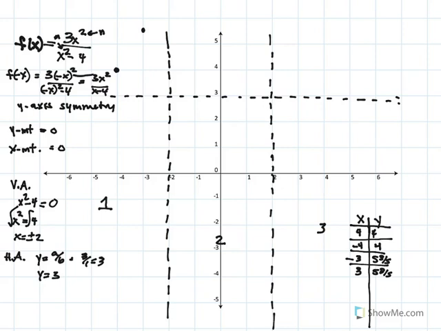Alright, so our graph is going to kind of go like this. It's going to mirror on that side. And then here we have some points. Negative 1 and 1 come out as negative 1 and negative 1.